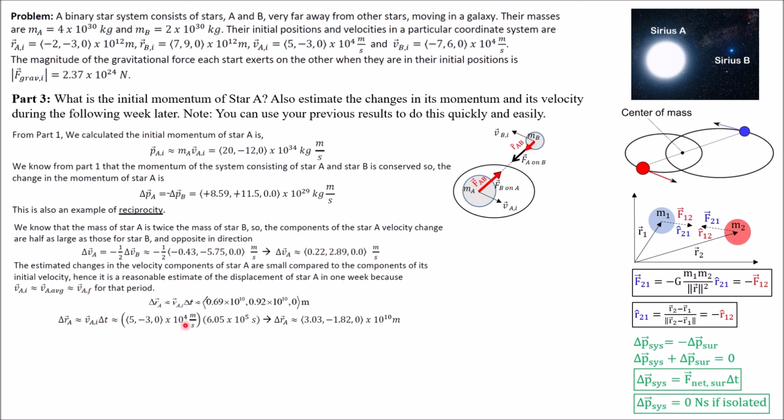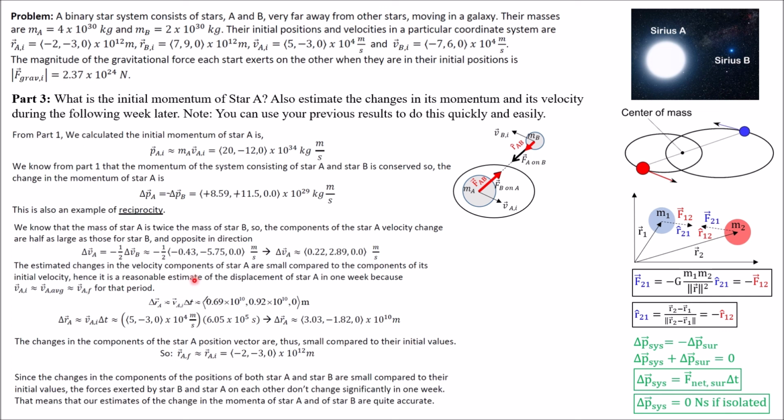And then remember that we could also find the change in position if we wanted to as well, just by multiplying the initial velocity of A times that time frame, and we could get our change in position. And so remember that they're pretty small values here again, and we're done.